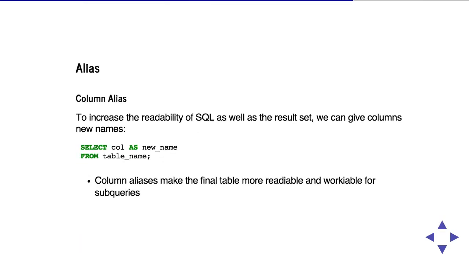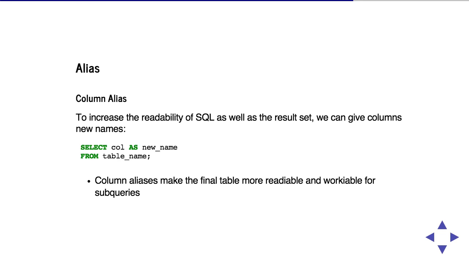We can also give a column an alias. This gives a name to the column. This helps with readability, and it also helps when you're referencing a column another way later on.